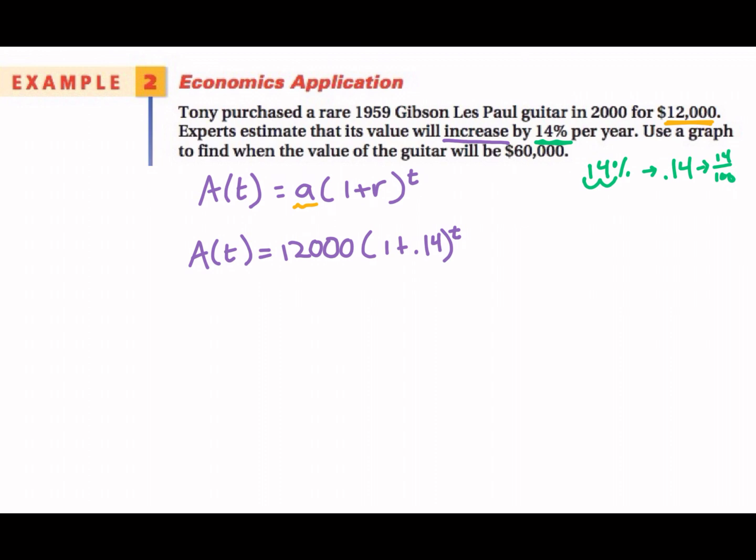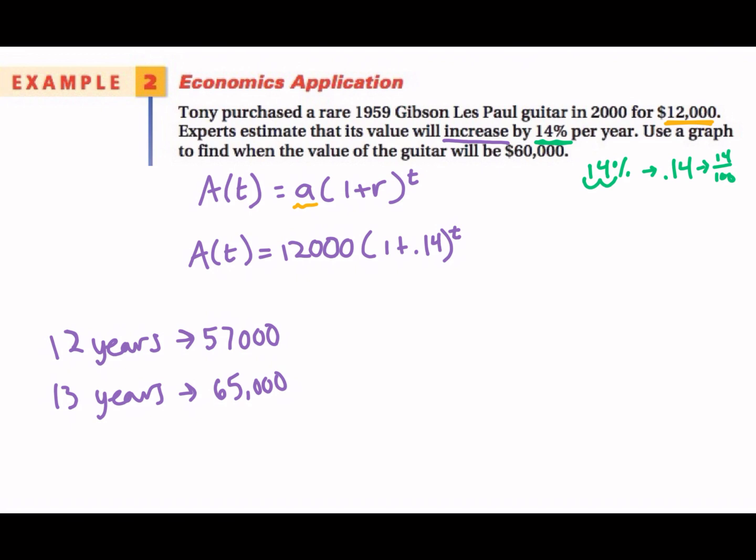So if we scroll down on our table, we notice at 12 years, the value of the guitar is about 57,000. And then at 13 years, it is 65,000. So that was a big jump. So it's going to be between 12 and 13 years.